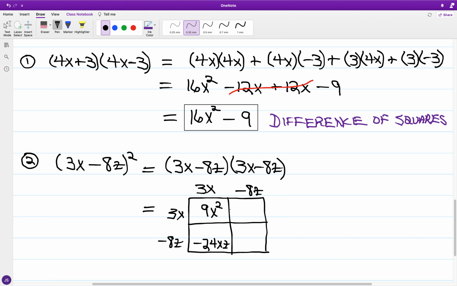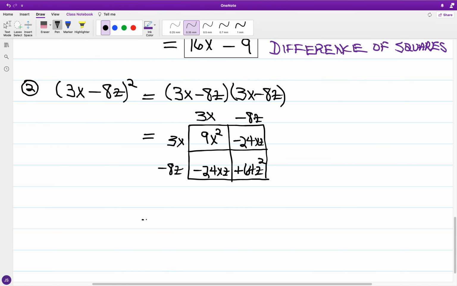And then looking at the second column, at the top we have 3x times negative 8z, so this would be a negative 24xz. And for the last product, we have negative 8z times itself. Negative times a negative is a positive, and it comes out to 64z to the second.